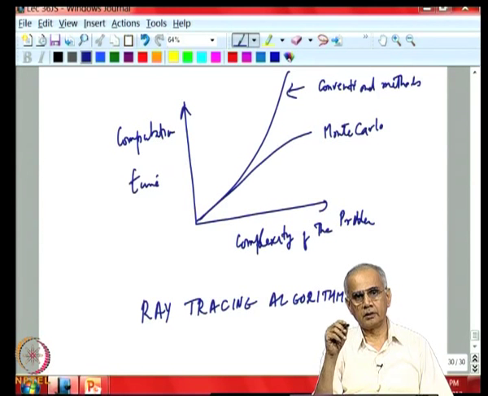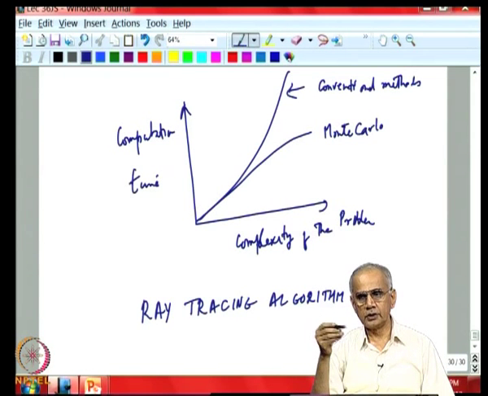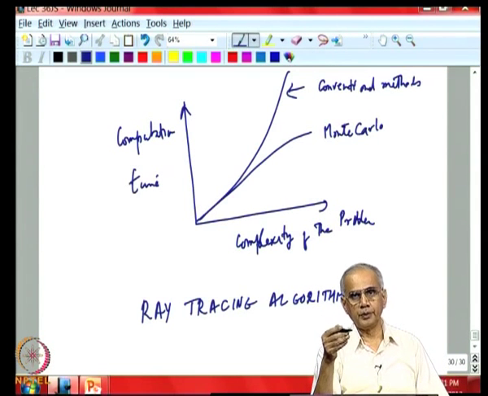So, all that has to come from the ray tracing algorithm, and today there are plenty available being routinely used already for other purposes. So, this can be assumed to be available.